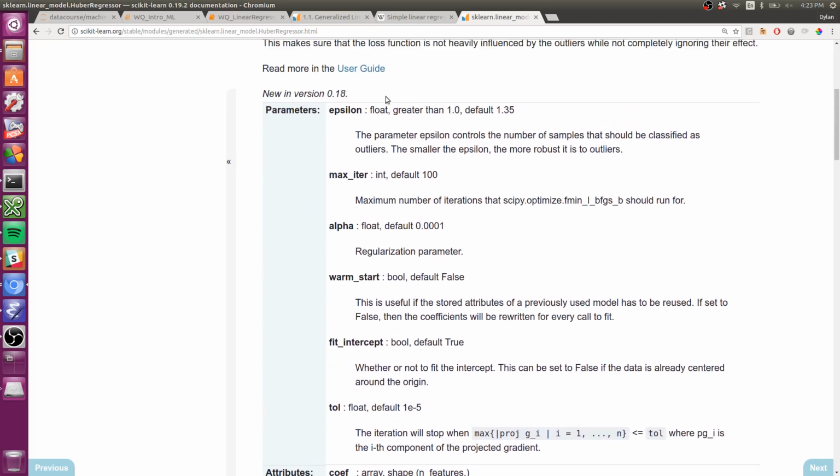So the Huber regressor has this max iter value, or keyword argument, that sets how many iterations of gradient descent will be taken.